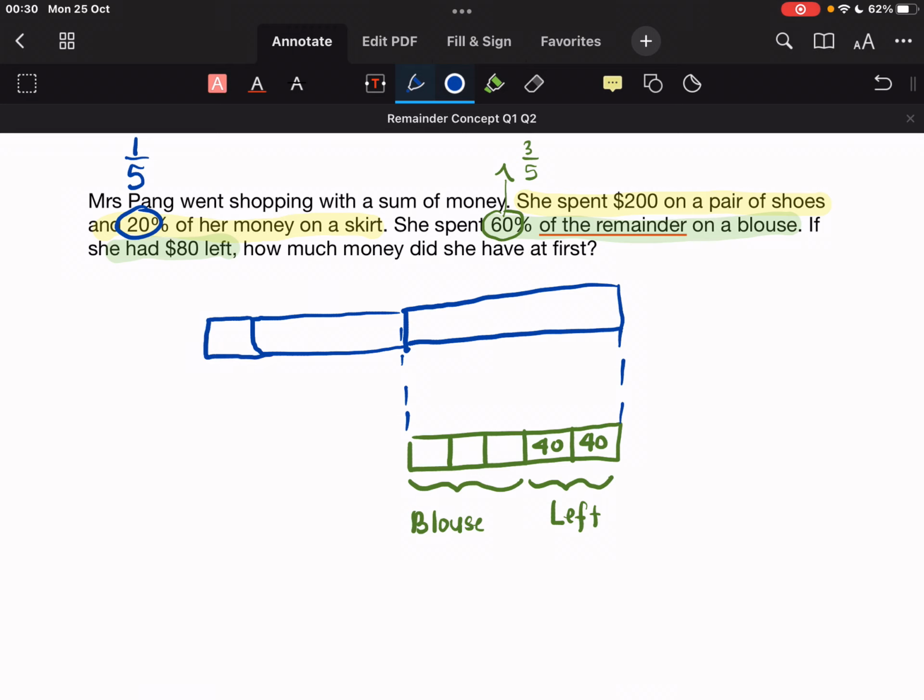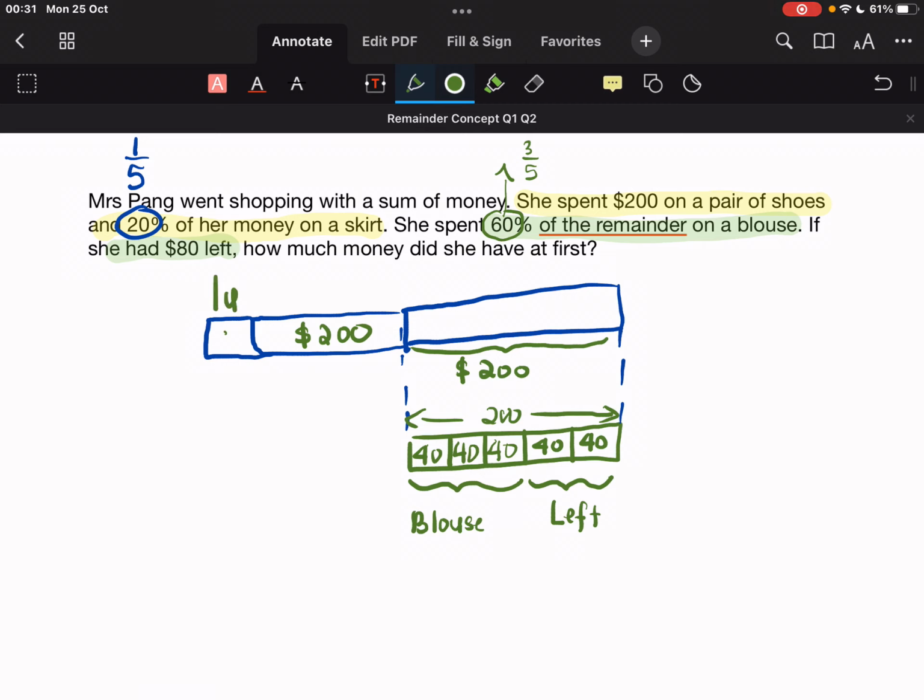Alright, so let's look at the second layer again. Now in the second layer, every unit stands for $40, correct? So the total here is $200, which means over here is the same, correct? It's also $200. And over here, she spent $200 on shoes. And this 1/5, which stands for 1 unit here, is what she bought.